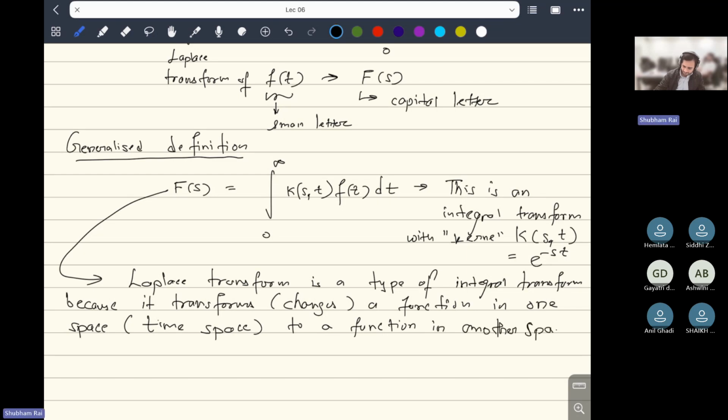Here we have variable S, another space, we just call it S space. Okay, by a process of integration involving a kernel.